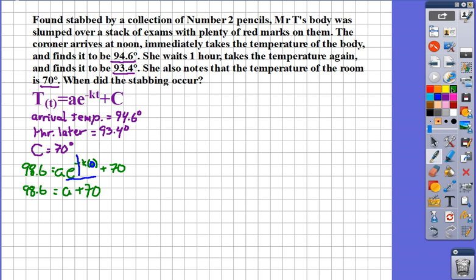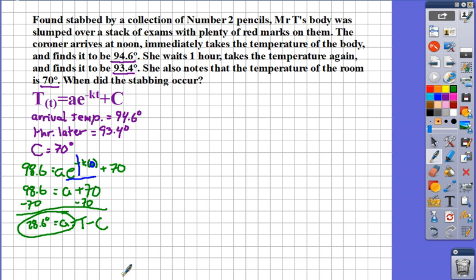So that's why when we said earlier that a was simply the original temperature minus the ambient temperature, it was because of that. So a equals, in this case, 28.6 degrees. We want to remember that. Remember, a is starting temperature minus room temperature right there.